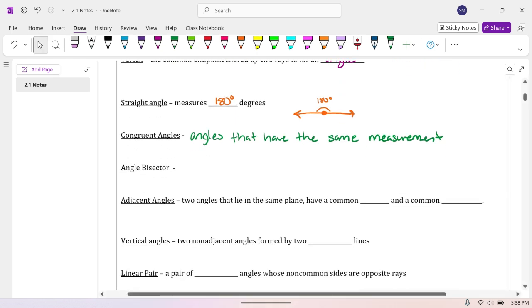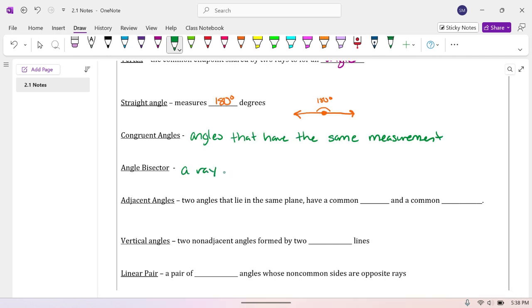An angle bisector is a ray, segment, or line that divides an angle into two congruent angles.